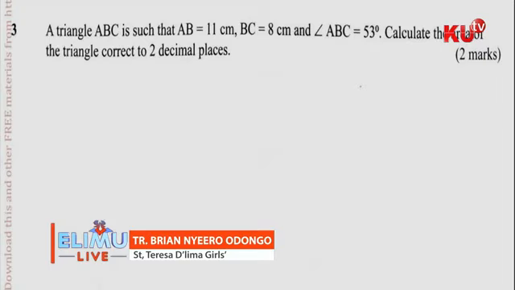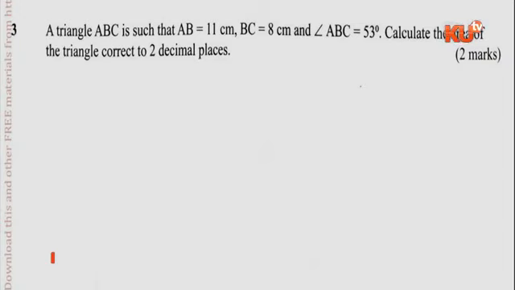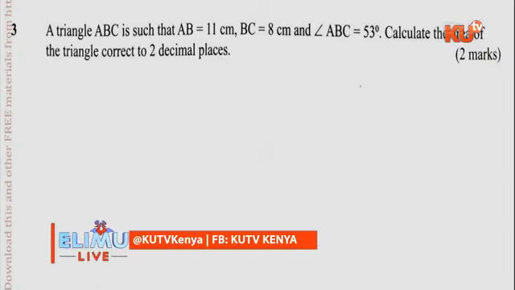So you have AB equals 11 centimeters. AB, this is 11 centimeters, dear students. You have BC equals 8 centimeters. Then angle ABC, that is this angle B here, equals 53 degrees.